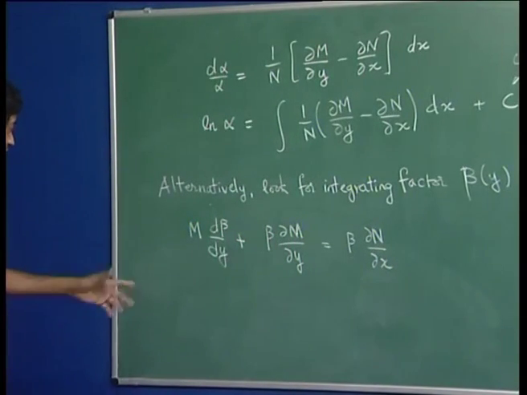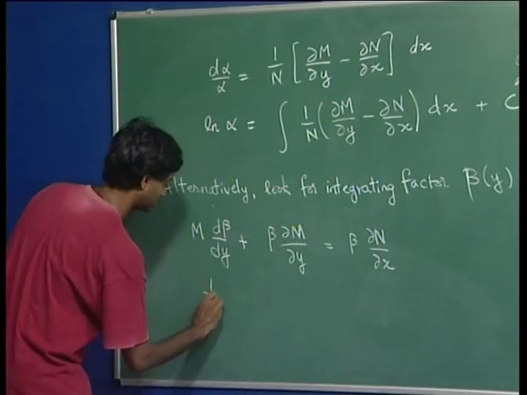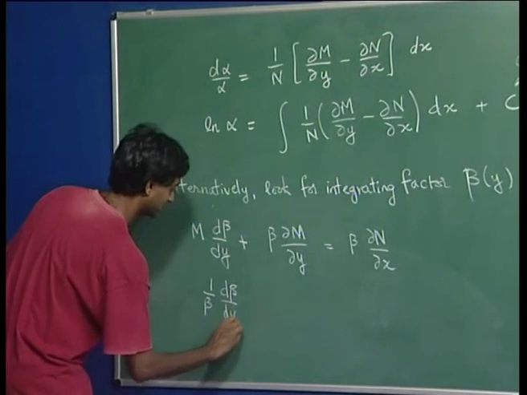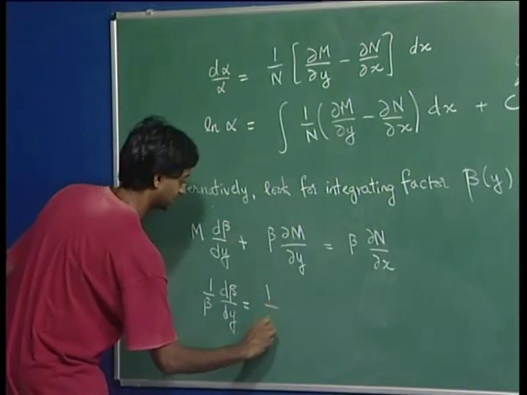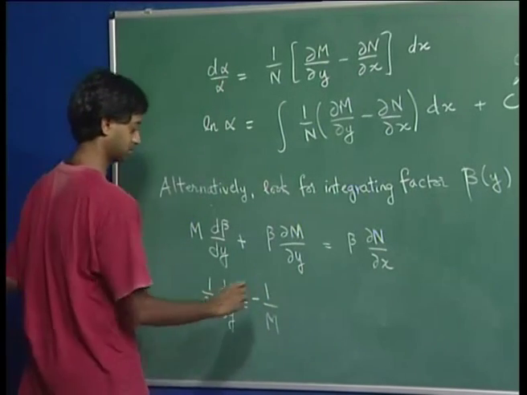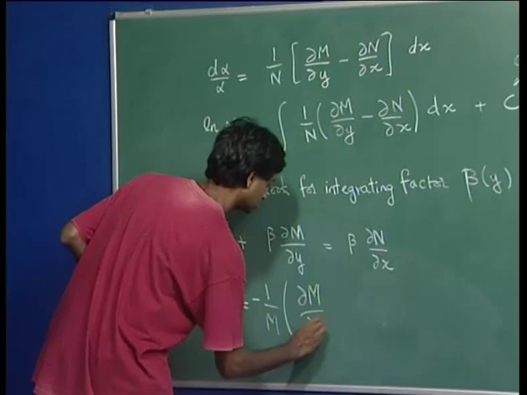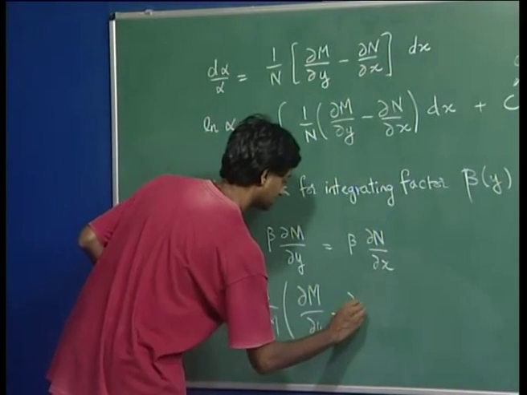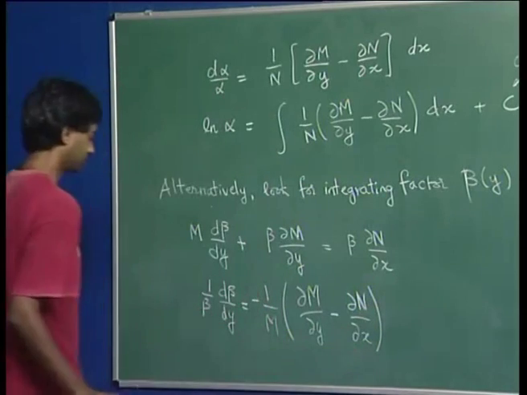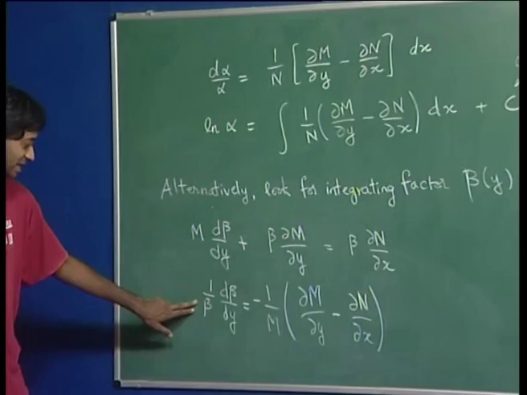Okay. And if you rearrange this, you will get something like 1 over beta d beta by dy is equal to 1 over m times dou m by dou y minus dou n by dou x. Okay. And now, the left hand side depends only on y. Okay.